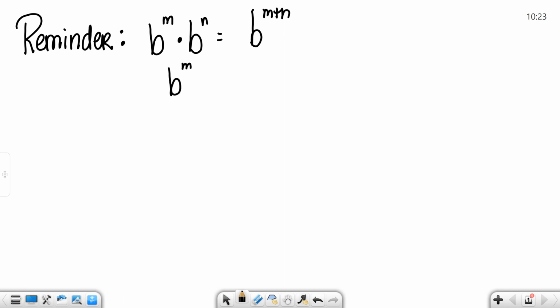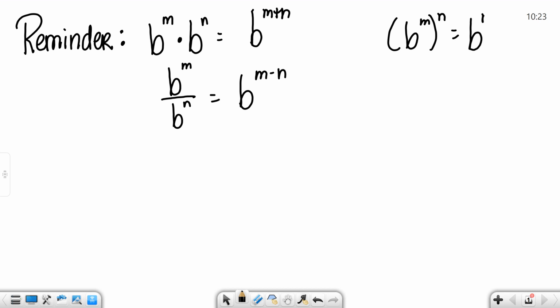If I am dividing two expressions, then I would subtract the top exponent minus the bottom. If I have a power raised to a power, I multiply the exponents. These are old rules.